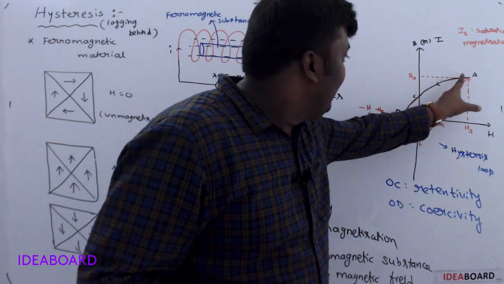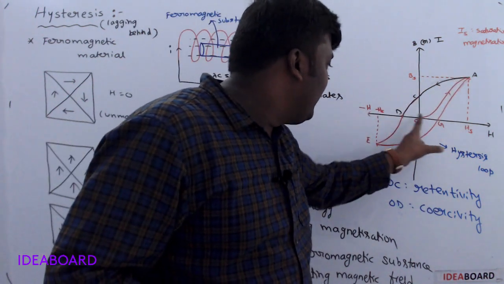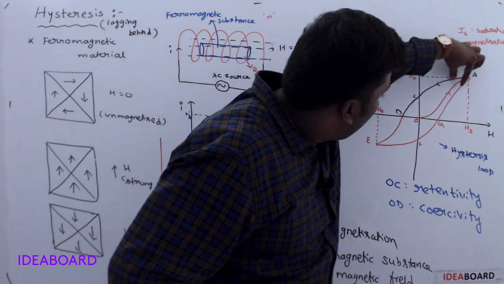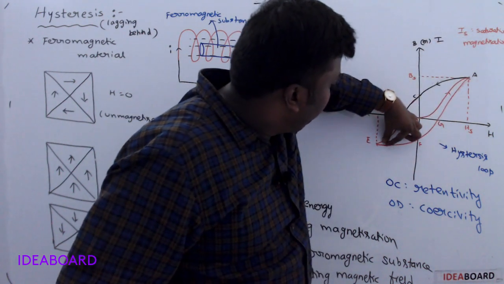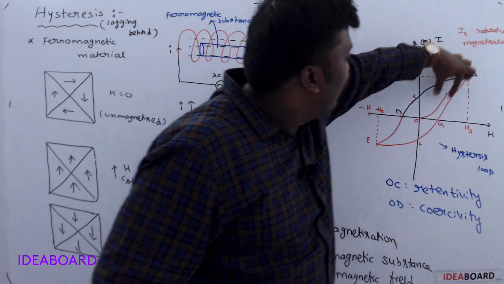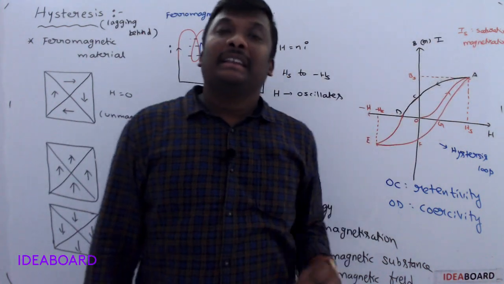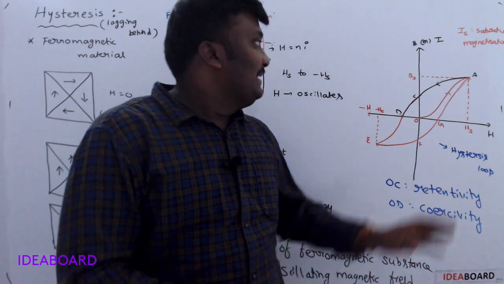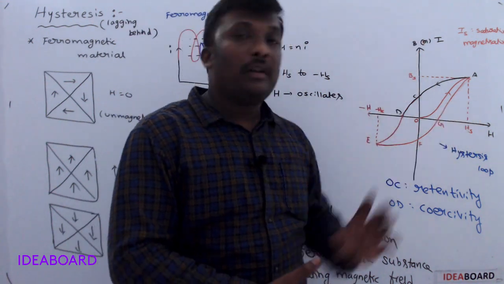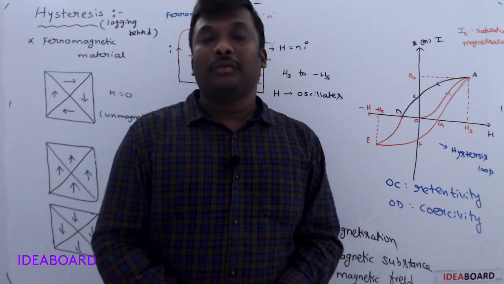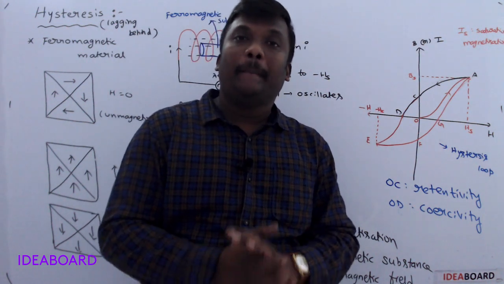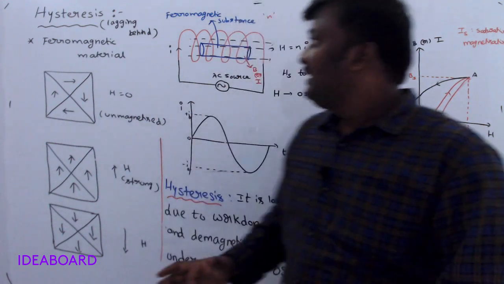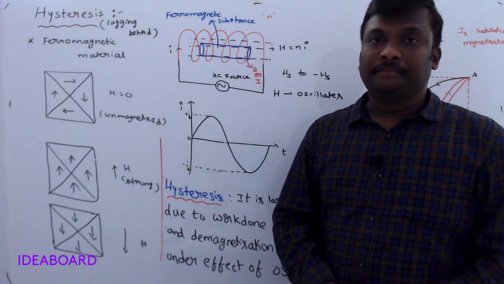Here the area of this hysteresis curve, that means this entire area, is proportional to the thermal energy per unit volume. The area of the BH curve is always proportional to the thermal energy per unit volume of the specimen. Okay, this is about hysteresis.